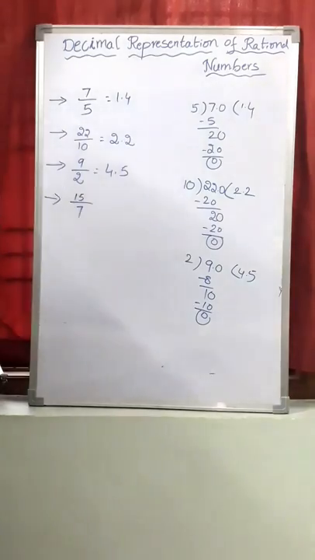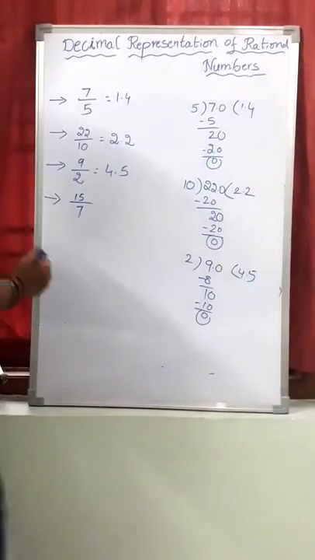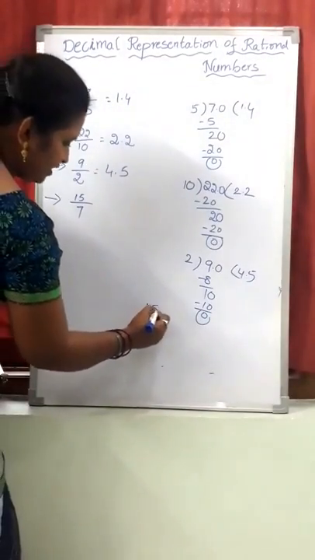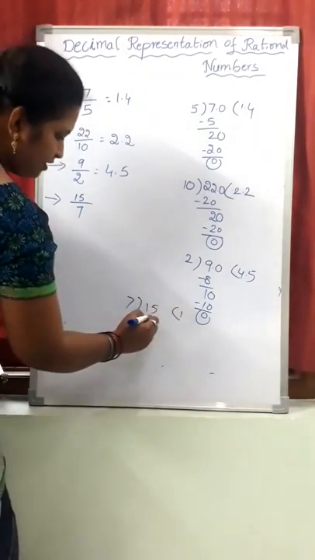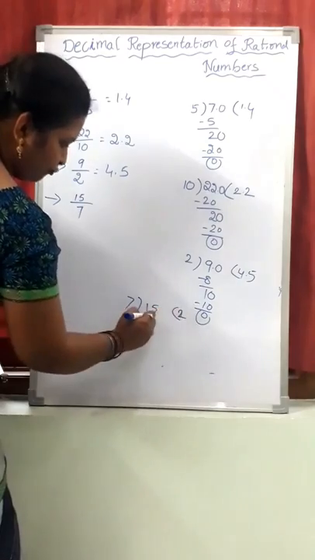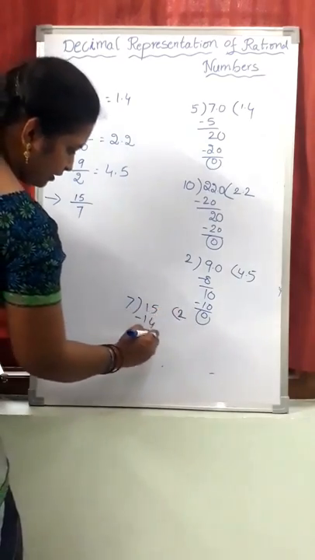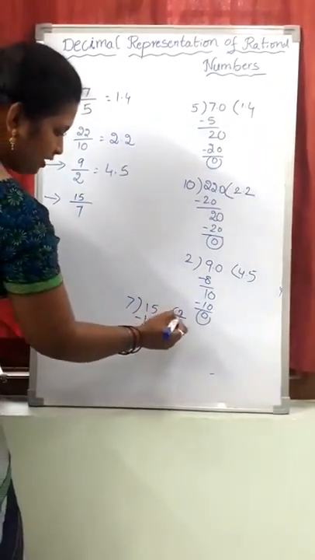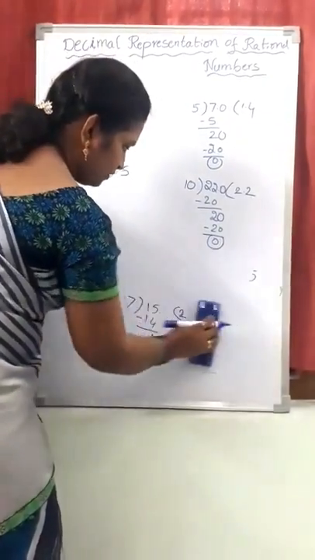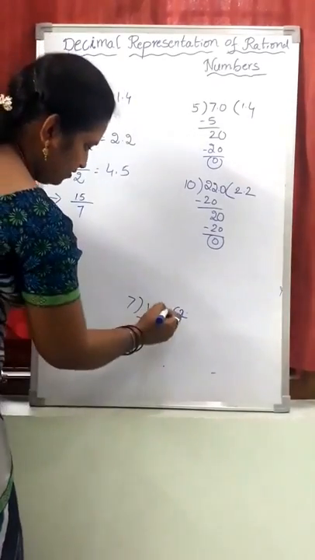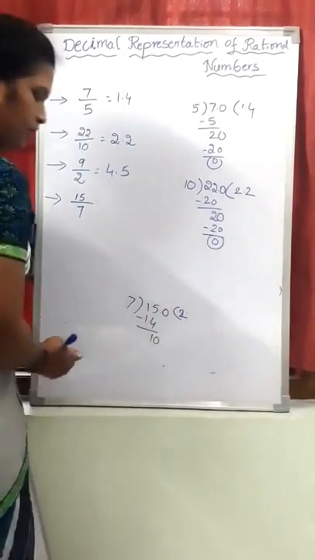Now I am taking another number, 15 by 7. Now 15 is dividing with 7. Now 7 ones are 7, 7 twos are 14. Remainder is 1. Now keep the point. Keep 0 and bring down the 0.